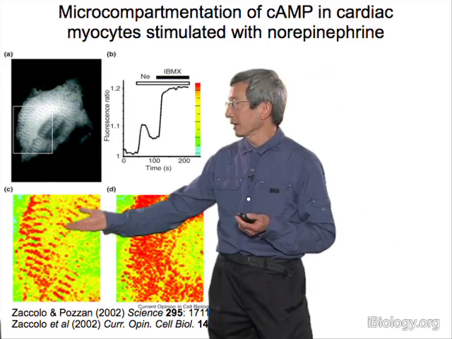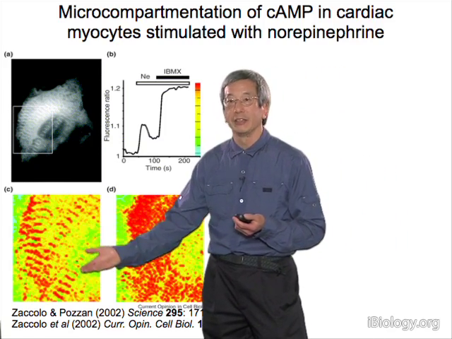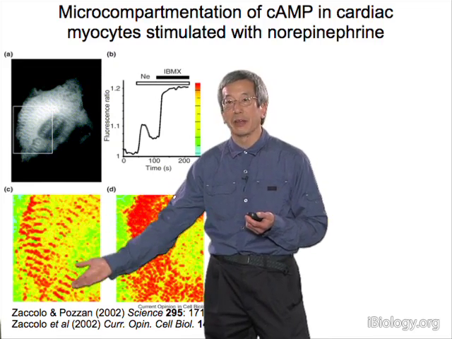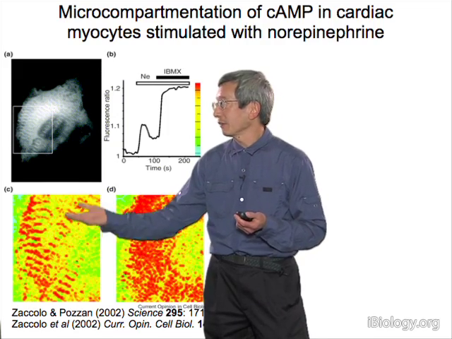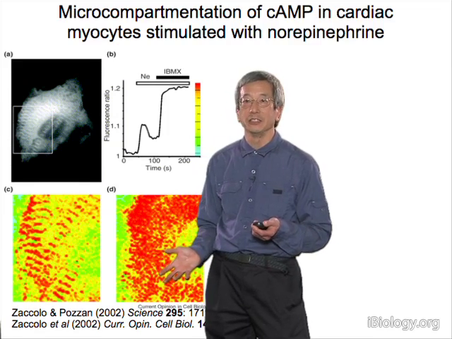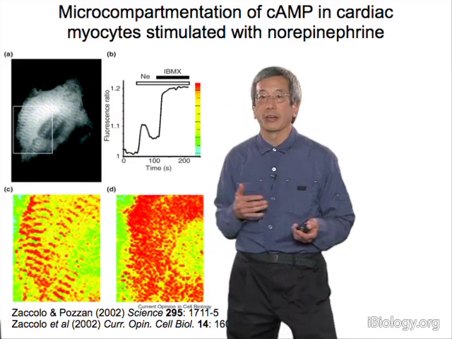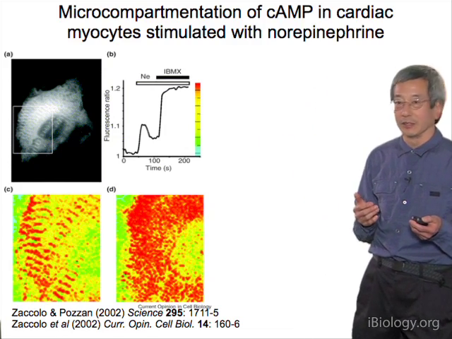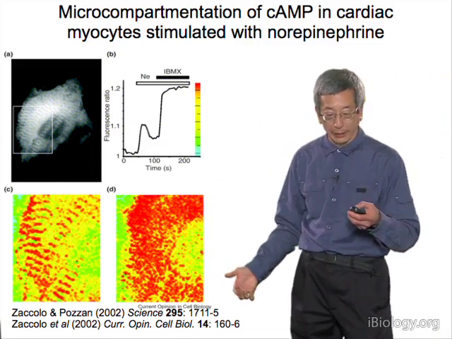It produces micron scale variations within the heart muscle, and that was shown here by this imaging of the activation of this indicator. And that turns out to be very important for the biology of agents like these beta-adrenergic agents, that they have a localized cyclic AMP signal, not just a general widespread one.